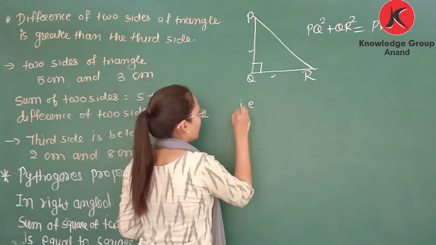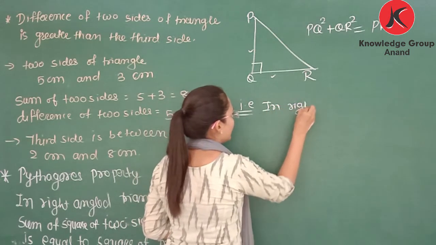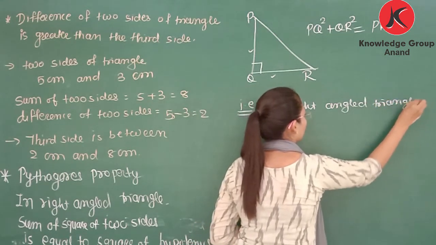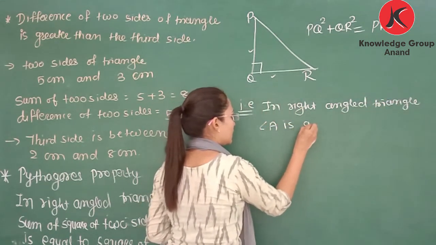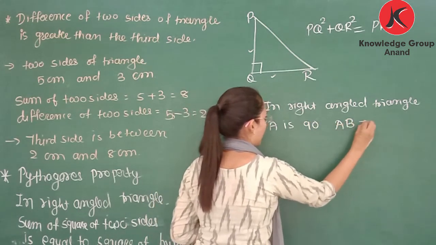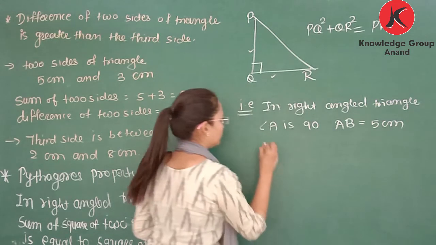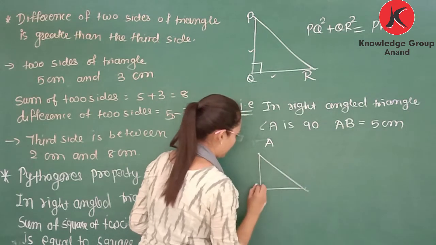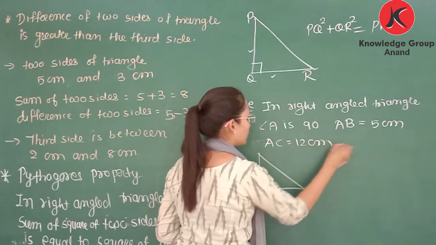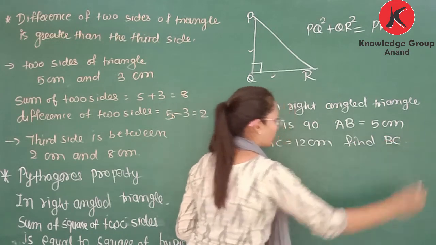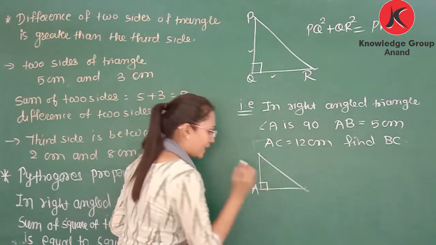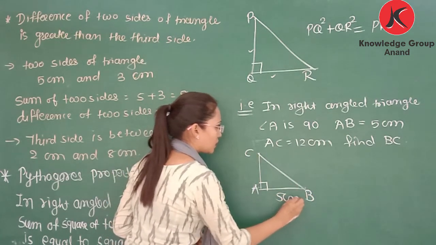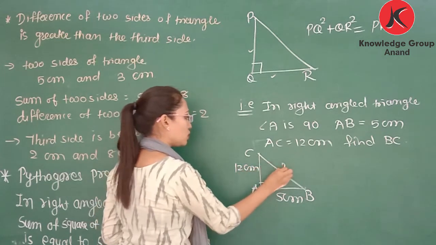So let's take one example. In a right angle triangle, angle A is 90 degrees, AB is 5 centimeter, let's consider AC is 12 centimeter, find BC. Okay, so here A is a right angle, between C and B. AB is given 5 centimeter, AC is given 12 centimeter, and you need to find BC.